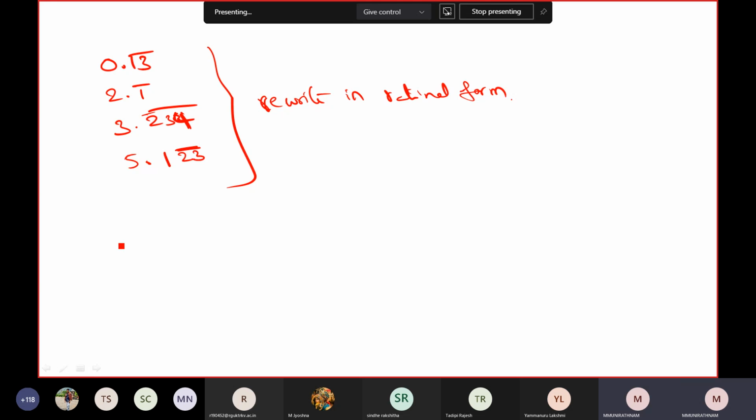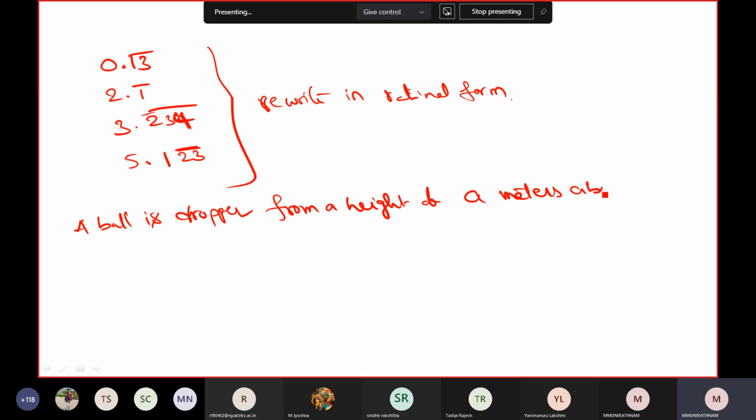Okay now, another application of geometric series. A ball is dropped from a height of a meters above a flat surface.